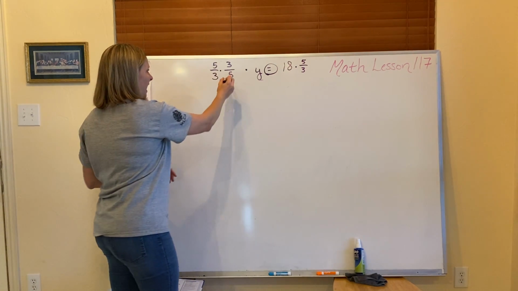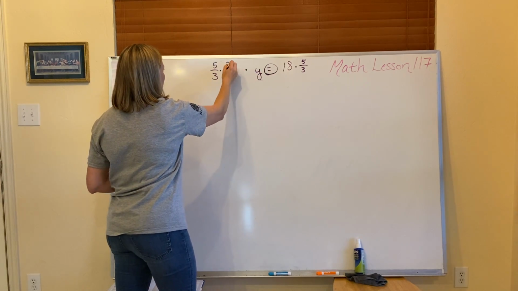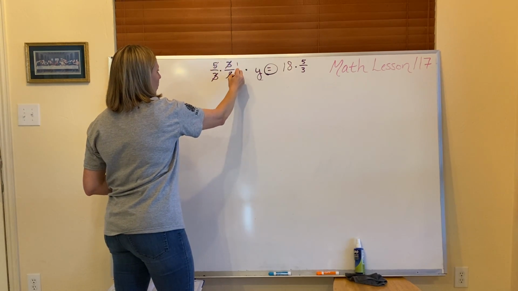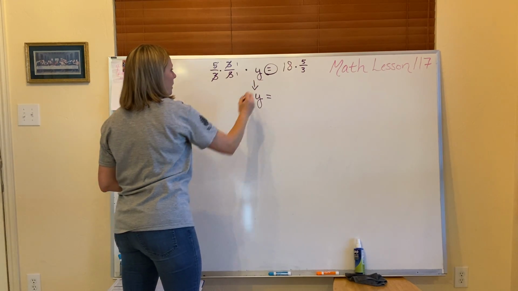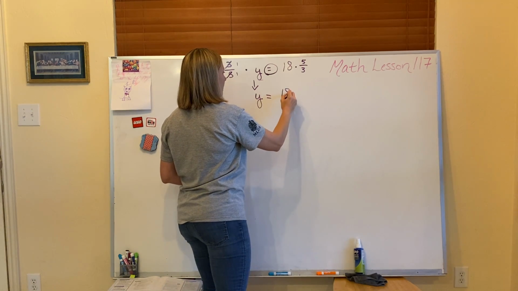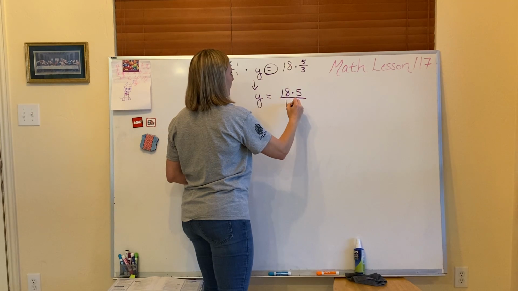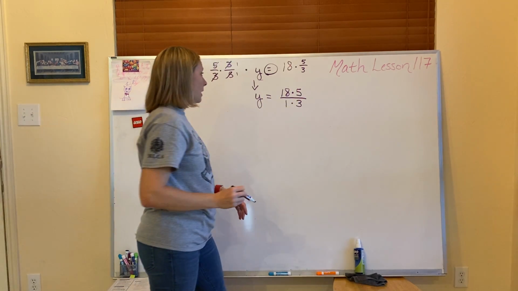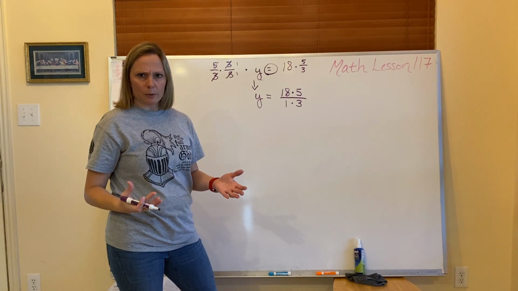This side, it's canceled. We have 5/3 times 3/5 times y is equal to, we can cancel this out and make it 1. So we have y is equal to 18 over 1 times 5/3. Before we do any multiplication or division, can we reduce?